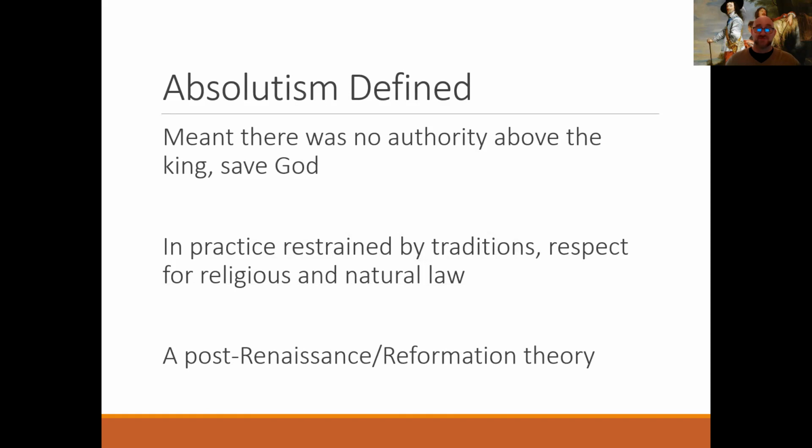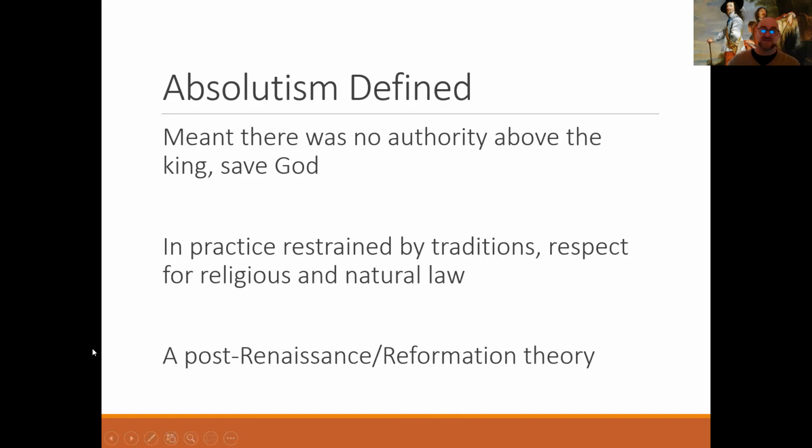But also, of course, he has to respect things like religious, divine law, the church. He can't go doing weird things with the church, or natural law. So in practice, these absolute monarchs have a lot of restraints. As you're going to see in a moment, this theory is meant to justify attempts to overcome a lot of these restraints, which are not all that effective. But in practice, there are actually a lot of restraints on the king's authority in this period.